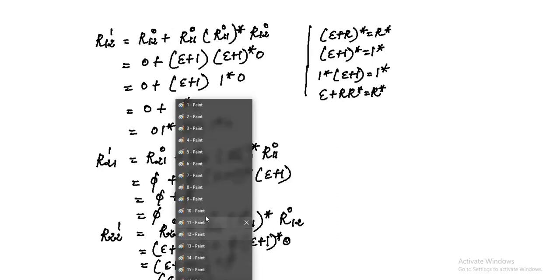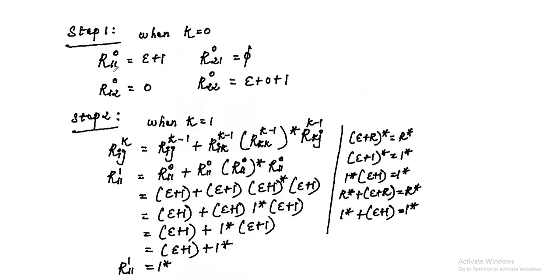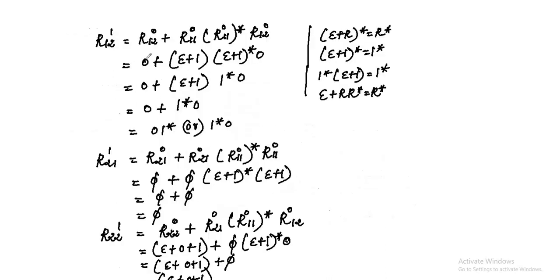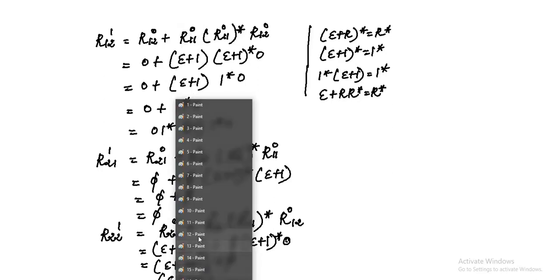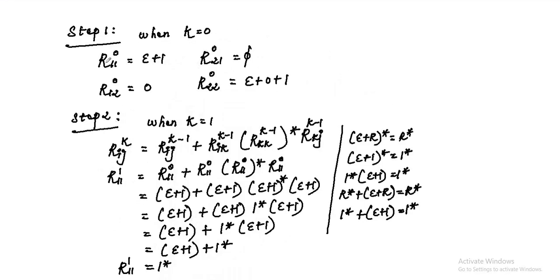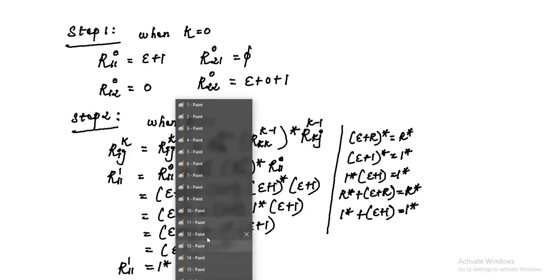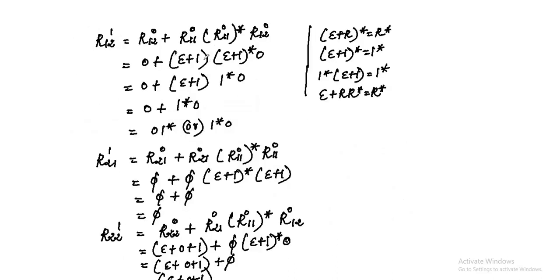Look at the first step. In the first step, R12 raised to the power 0 is 0. So R12 raised to the power 0 is 0, plus R11 raised to the power 0. We already wrote that R11 raised to the power 0 is epsilon plus 1. Here you write epsilon plus 1.